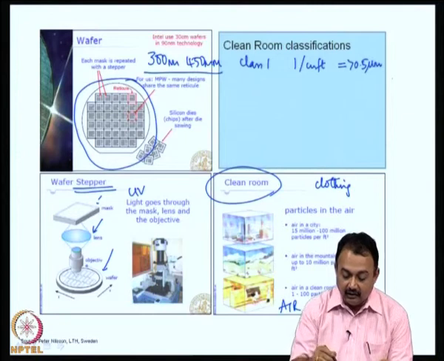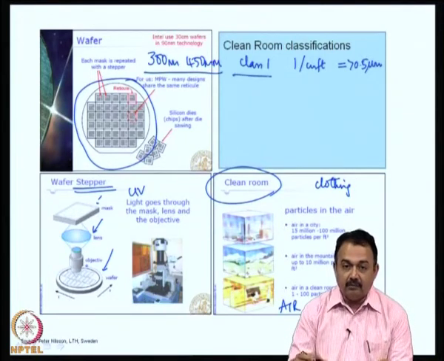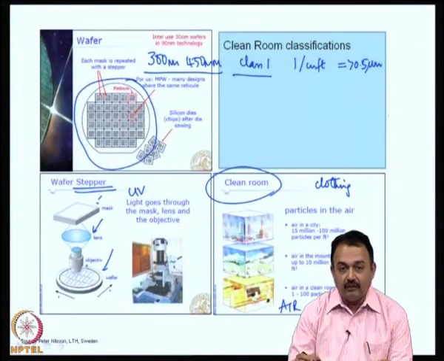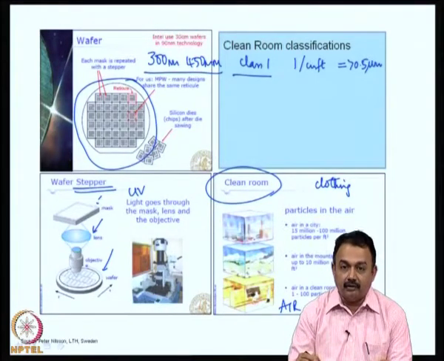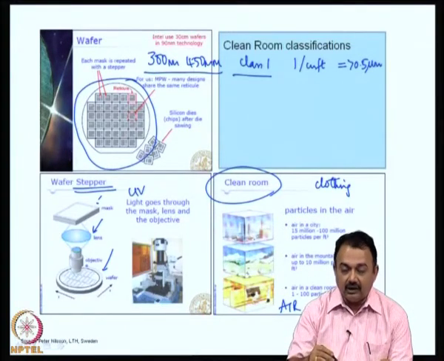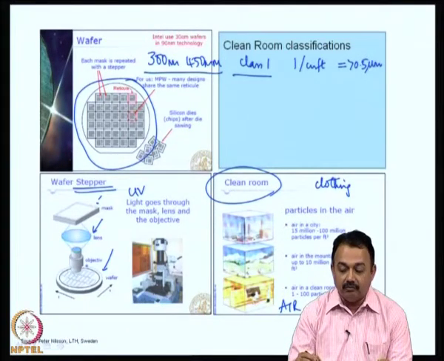Okay. So, if you say your clean room is class 1, that means you are monitoring and you are specifying that your clean room will have only one particle per cubic feet of the size of 0.5 micron. So, that is a very tough standard to maintain always. So, class 1 will be very expensive to maintain.